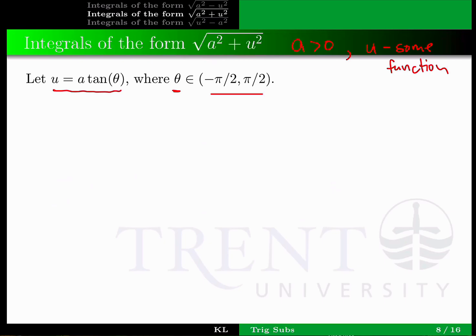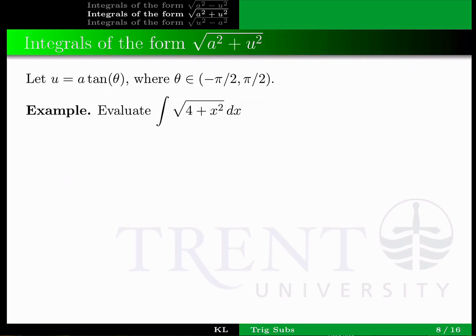And we require this restriction of theta so that when we take the square root of what's inside after the substitution, we don't have to worry about putting absolute values. Anyway, let us consider this example.